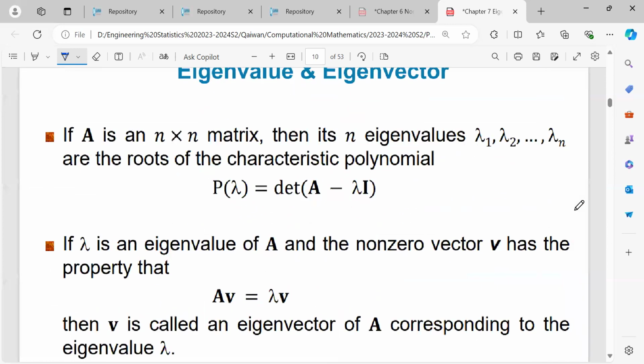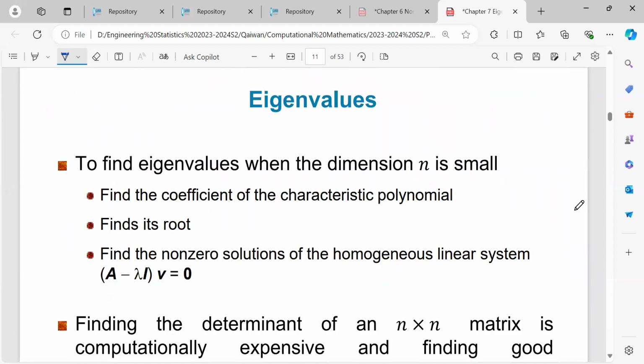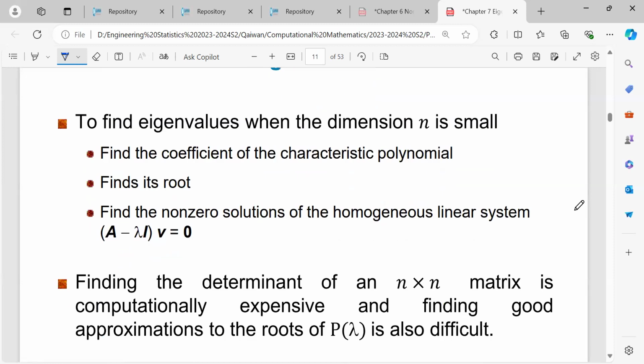Here it's the same actually. It's what I said. To find the eigenvalues, this is the procedure. Find the coefficients of the characteristic polynomial. Find its roots.